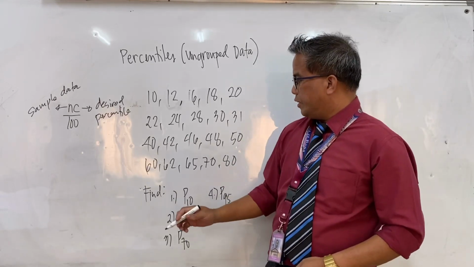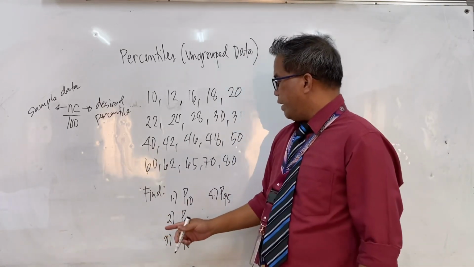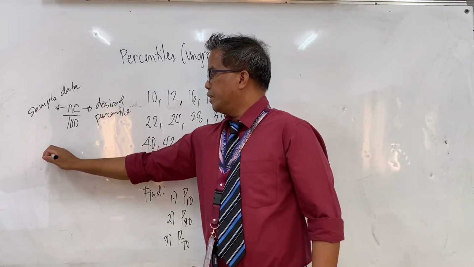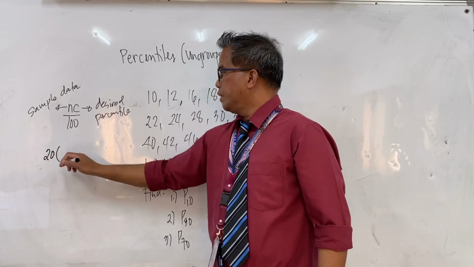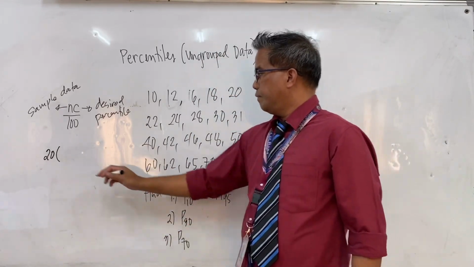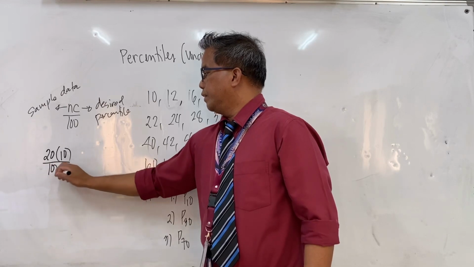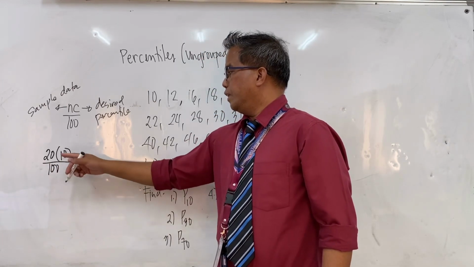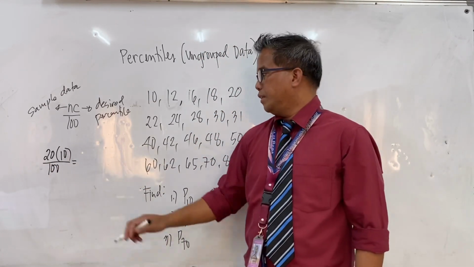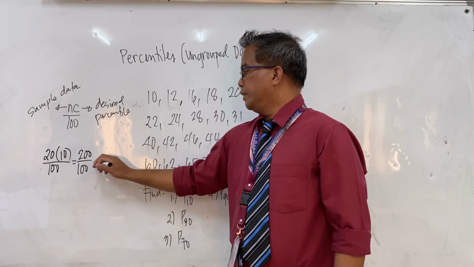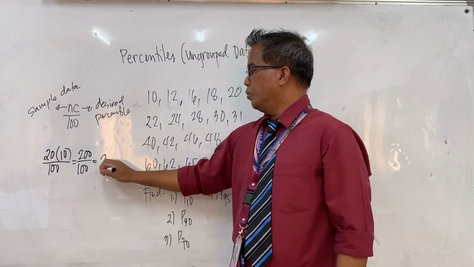The value of n is equal to 20, the sample data, times C is 10 over 100. Then 20 times 10 equals 200 over 100, which is equal to 2.